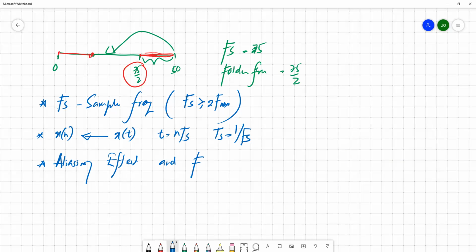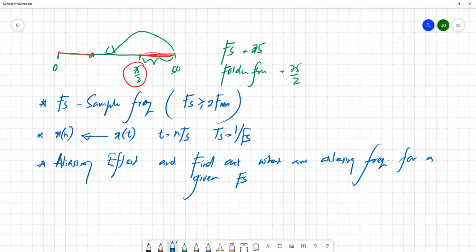And you should be able to find the aliasing frequency components for a given sampling frequency. These three should be thoroughly learned. How do you set the sampling frequency? Depending on the frequency components inside the signal. How do you convert the continuous signal into the discrete domain?